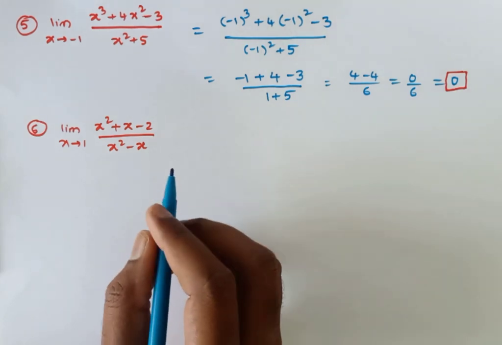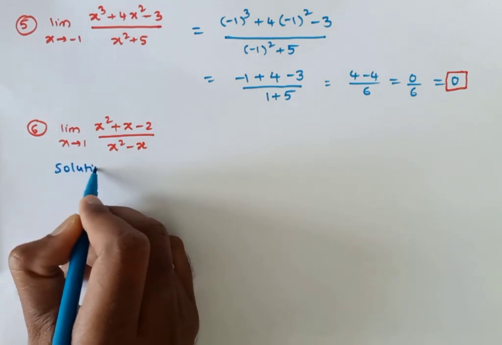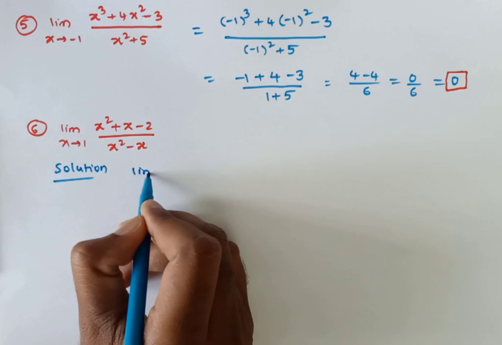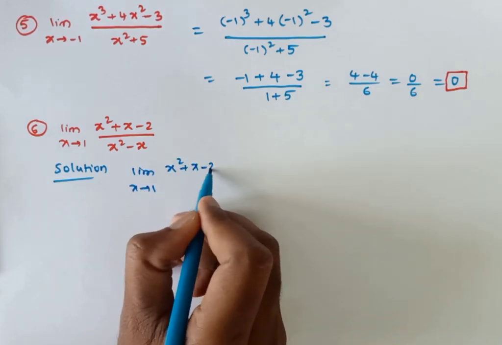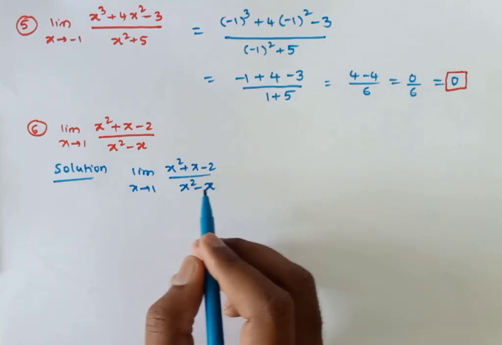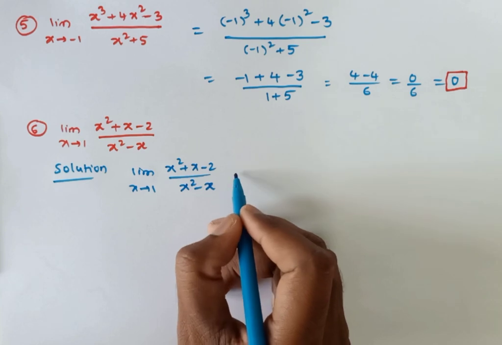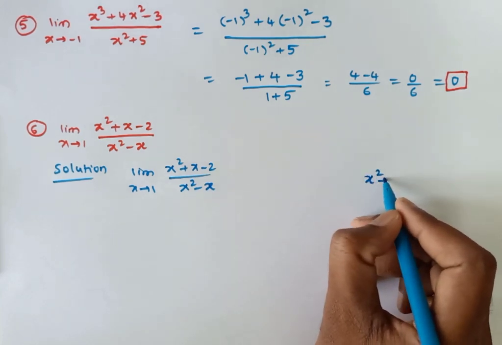Now, limit x tends to 1, x square plus x minus 2 by x square minus x. See here the factors of the numerator x square plus x minus 2.